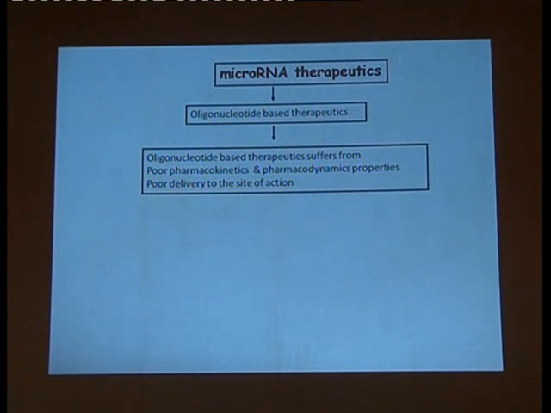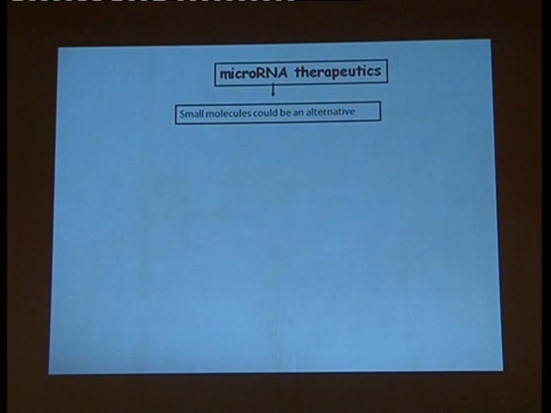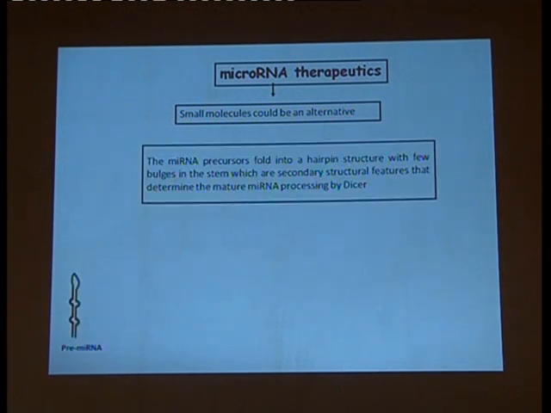They cannot be introduced into the cell very efficiently, and they are unstable inside the cell. So, what is the alternative? Definitely, as chemists, everybody will be convinced that small molecules are the only alternative. In principle, you can design small molecules against any type of DNA or RNA structure if you know the three-dimensional structure.